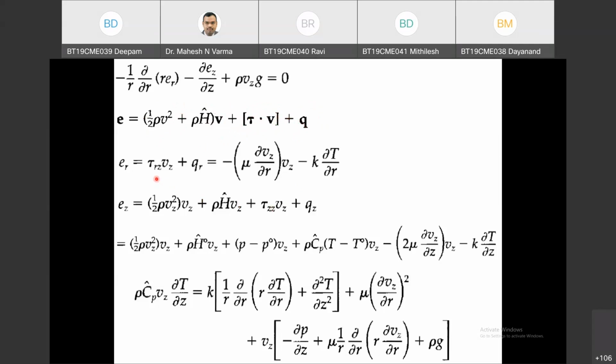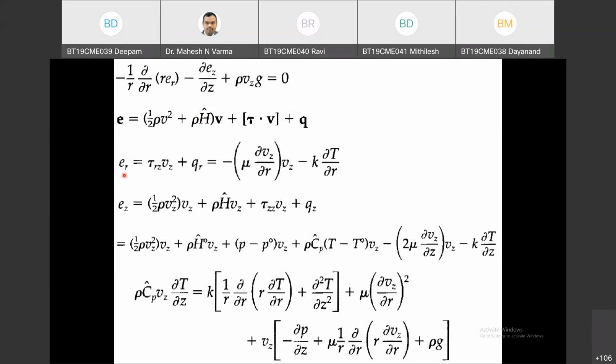If you substitute ER, so certainly there is no velocity in the R direction. This will be VR, ER, so it will be VR. There is no velocity in the R direction, so convective flux in the R direction will be 0. So this will be tau Rz into Vz plus QR.